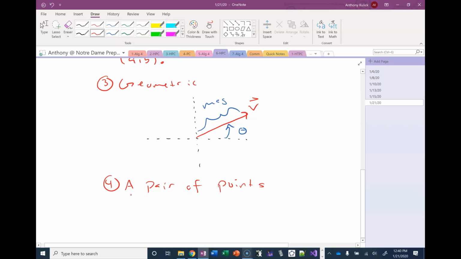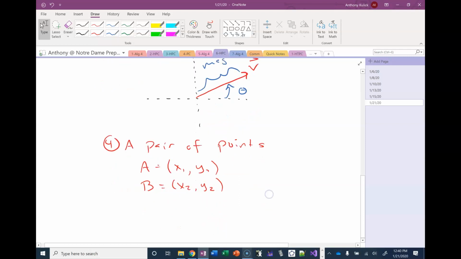And the fourth representation we'll talk about here in the first section is as a pair of points. So say A is the point x1, y1, and B is the point x2, y2.